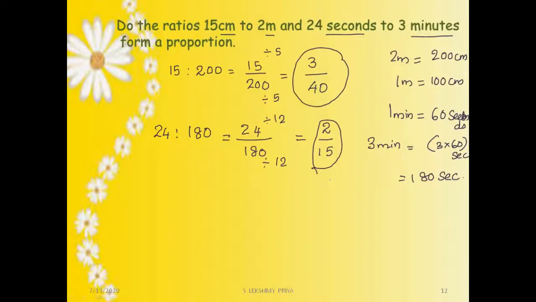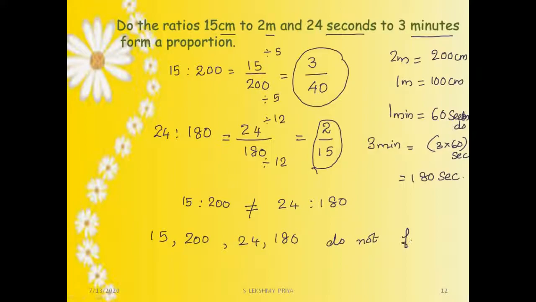Here, when you simplify the ratios, it's not equal. So you can conclude that 15 is to 200 is not proportional to 24 is to 180. Or we can say that the numbers 15, 200, 24 and 180 do not form a proportion.